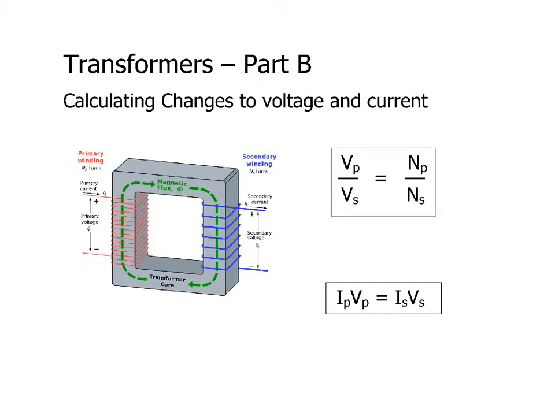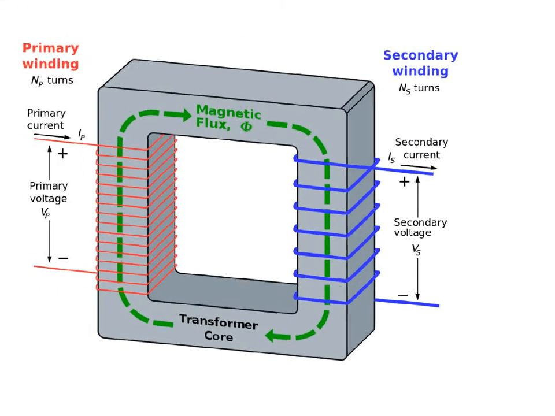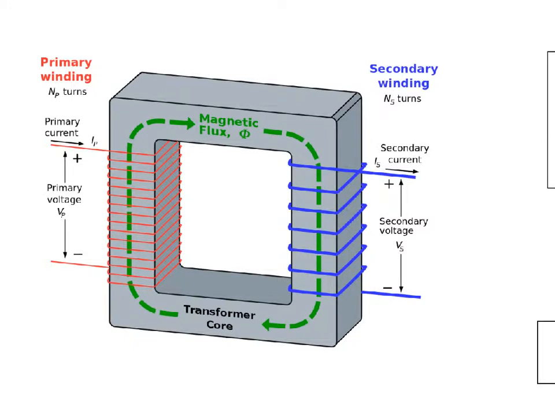So what do we have here? Well, let's look again at the diagram. We have a primary coil and a secondary coil. In the primary coil, you have some number of turns of wire, so each loop here is a turn, so you could add those all up, count them. Same thing here, each loop is a turn. So N sub P stands for the number of turns in the primary.